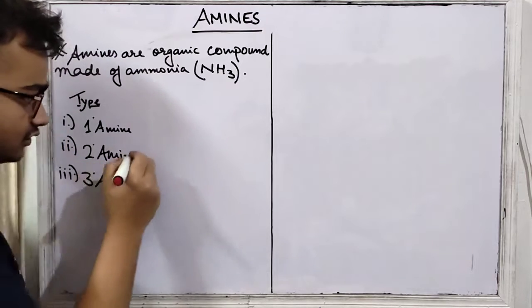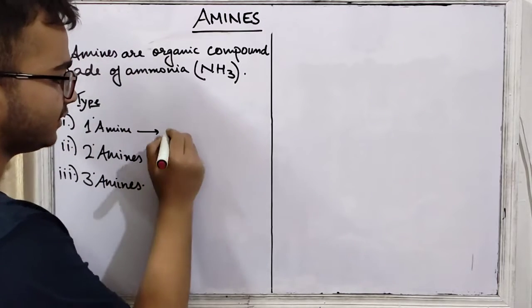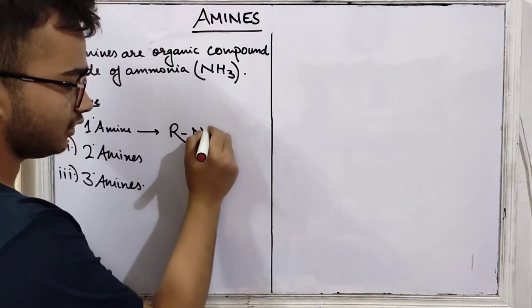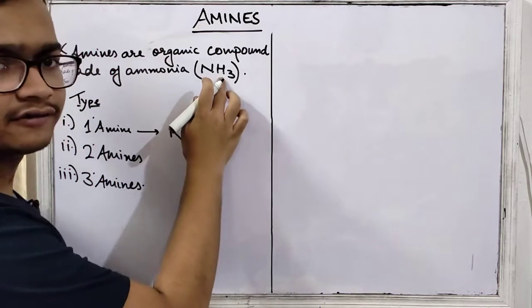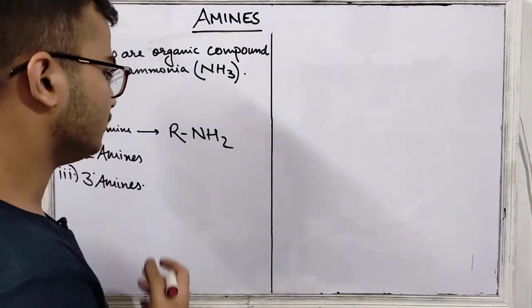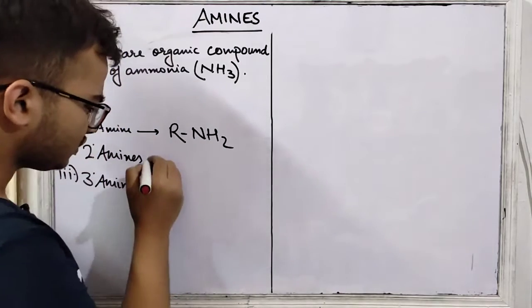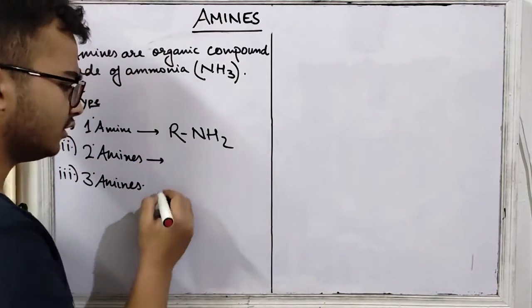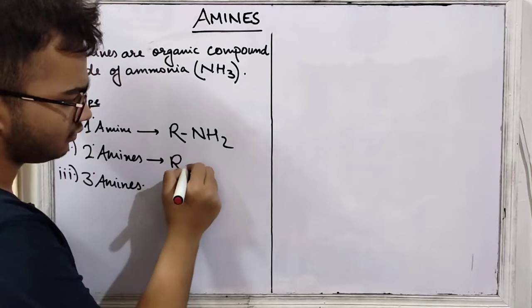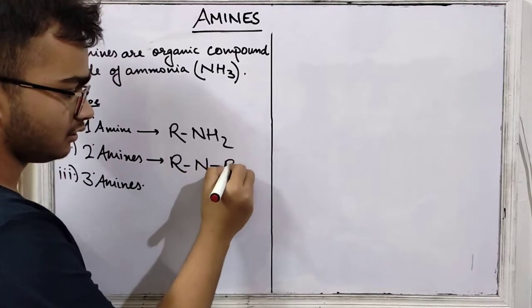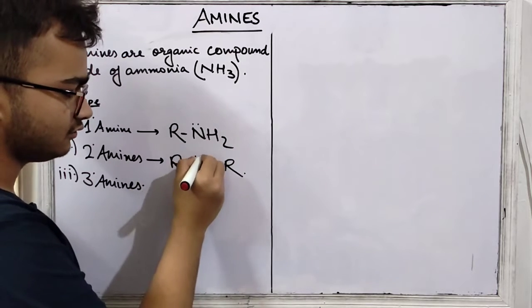Right. So what is the structure of our 1 degree amine? It is RNH2. One hydrogen here is being replaced by your R. R is any alkyl group. In 2 degree amine, RNR. You have to remember that nitrogen has a lone pair.